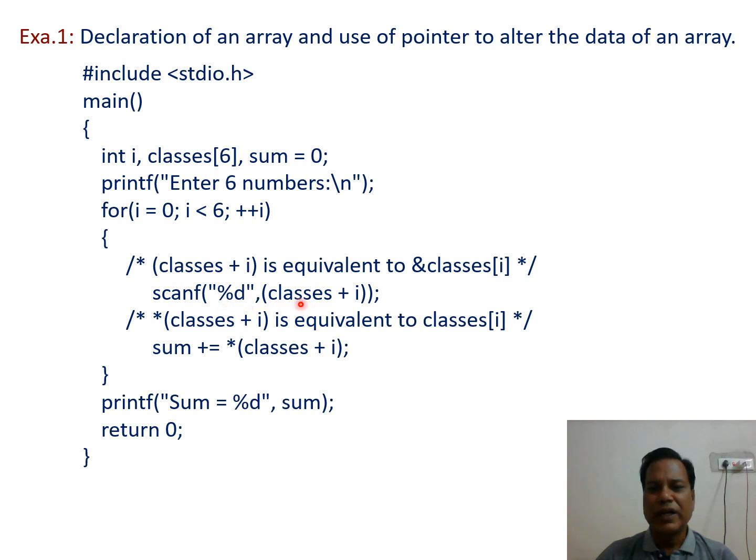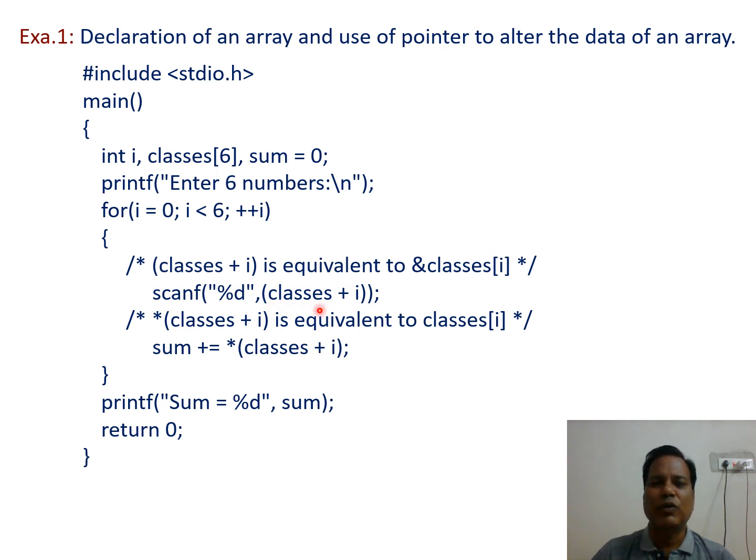So the first character is taken in and stored in this memory location, because the name of the array indicates the first location. So classes+0, that is the first memory location.